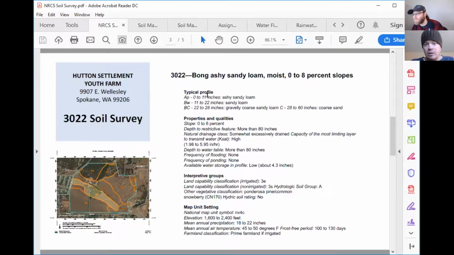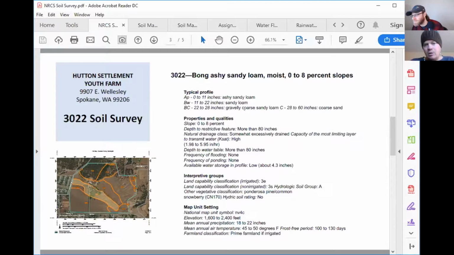At 0 to 11 inches down, it's ashy sandy loam. It changes at 11 inches to 22 inches to sandy loam, and at 22 to 28 inches to gravelly, coarse sandy loam. And then again, this is odd that it's off to the side here. It changes a third time to the C horizon. So these are horizon A, horizon B, horizon B, C horizon, C horizon. C horizon is 28 to 60 inches, and it's coarse sand.